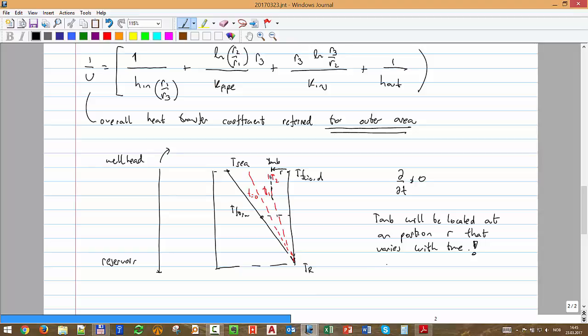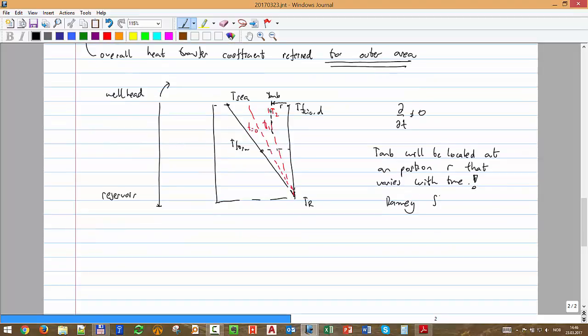A guy called Ramey did it for water injection wells, and I think the date was maybe 1956. That was his paper. He later went to Stanford, but I think that was when he was working for Mobil.